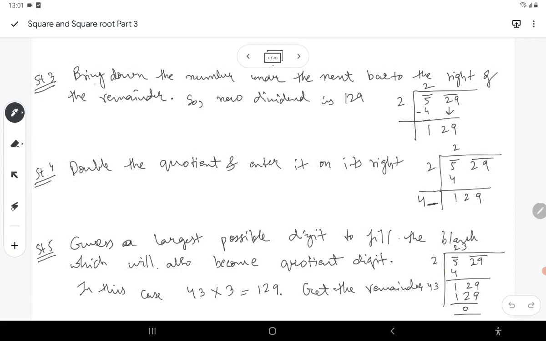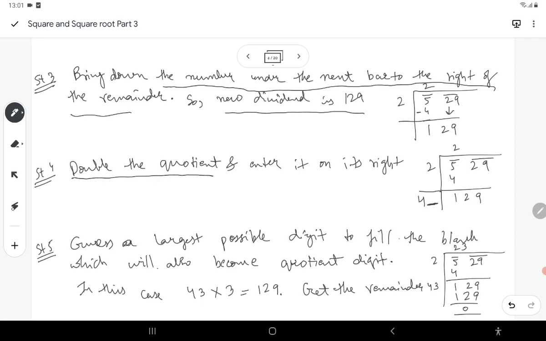The next step is to bring down the number under the next bar to the right of the remainder. Here the next number is 29, so we bring down 29, and the new dividend is 129. Now double the quotient, that is double 2, that is 4, and enter it on its right.